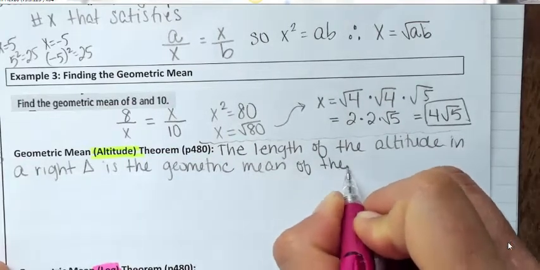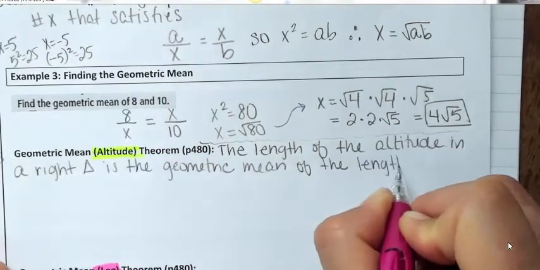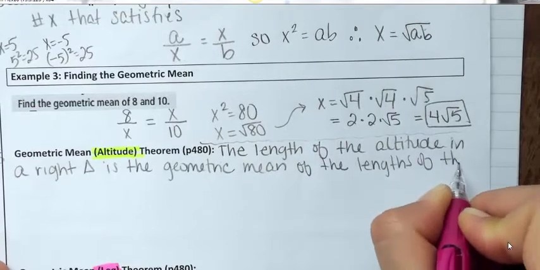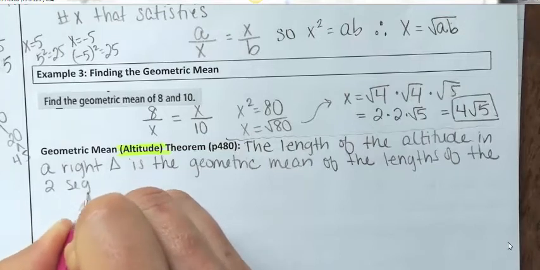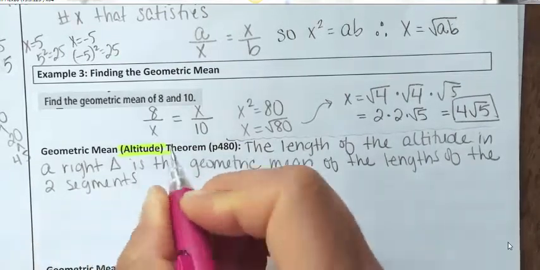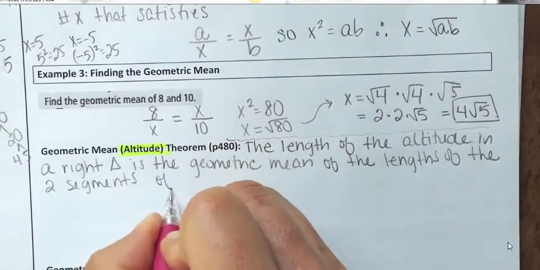Of the lengths of the two segments of the hypotenuse.